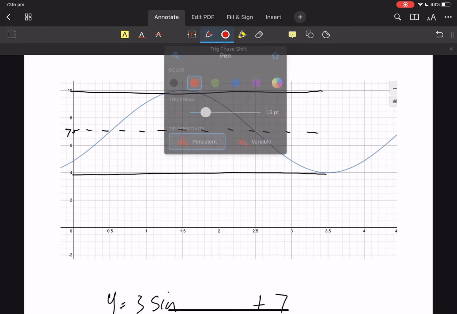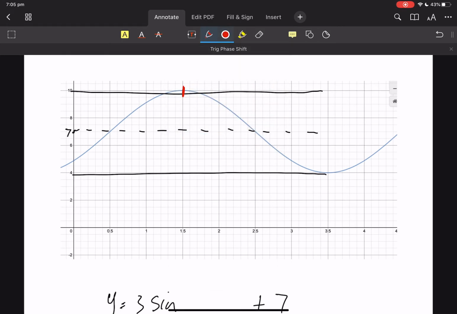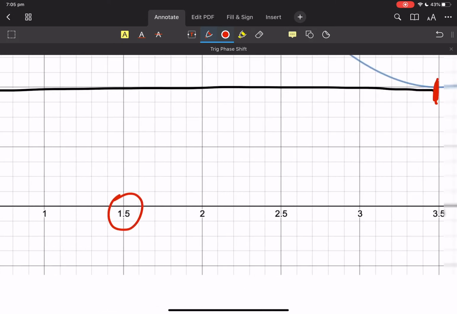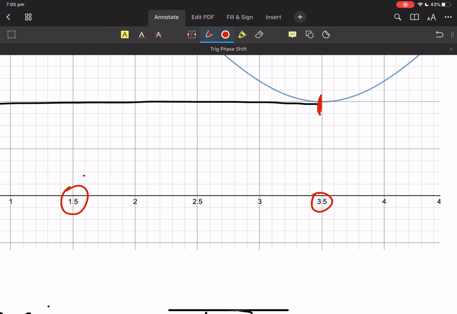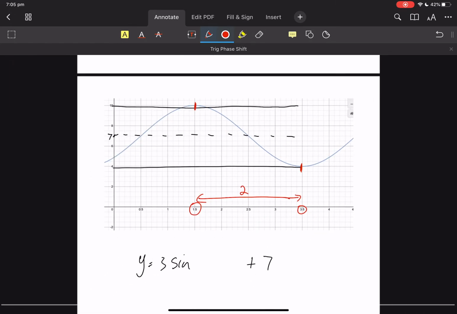Let's look at our time period. So we can see here's a top and here's a bottom. It's taken from 1.5 to 3.5. So that distance is a distance of 2. If that's a time, that might be 2 seconds, minutes, hours, whatever. It's just x, 2. Okay, that's half a cycle.